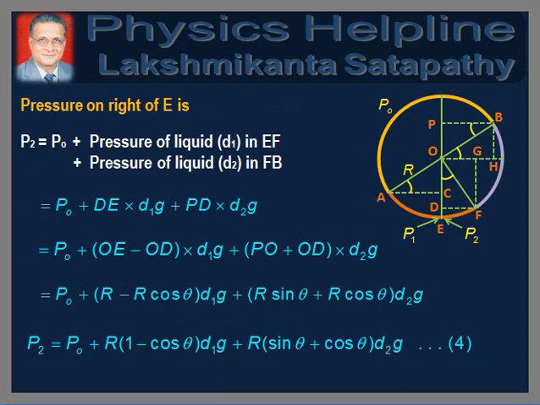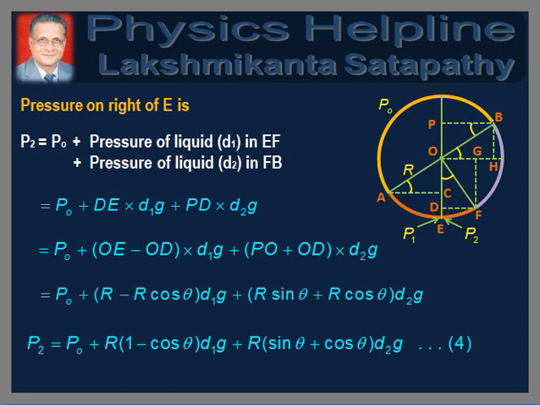Similarly, P2 is equal to P0 plus pressure due to liquid of density D1 contained in the section EF plus pressure due to liquid of density D2 contained in the section FB. But height of section EF is equal to DE and that of section FB is equal to PD. Therefore we have P2 equal to P0 plus DE into D1 g plus PD into D2 g.